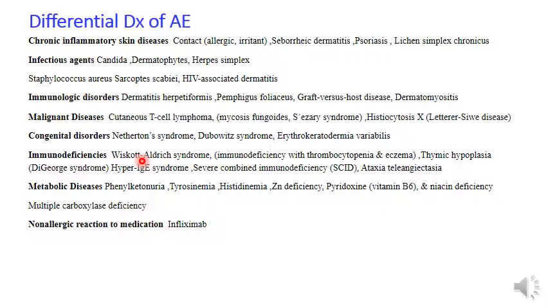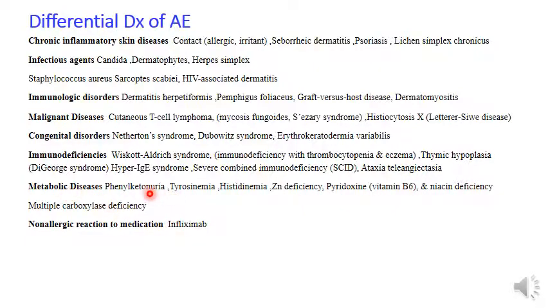Immune deficiency, here it is an inherited condition: X-linked recessive Wiskott-Aldrich, immune deficiency, thymic hypoplasia, DiGeorge, hyper IgE syndrome, Job syndrome, severe combined immune deficiency, and ataxia-telangiectasia. Here you have IgA deficiency.